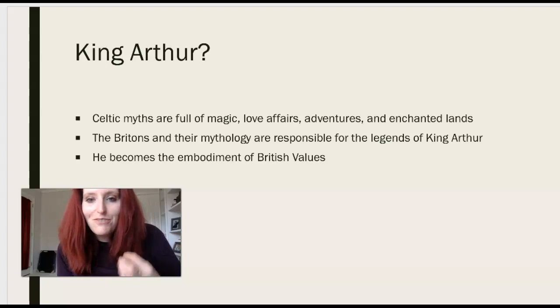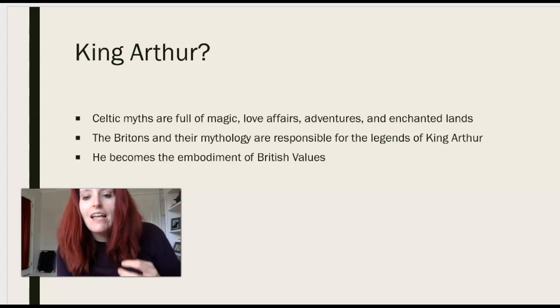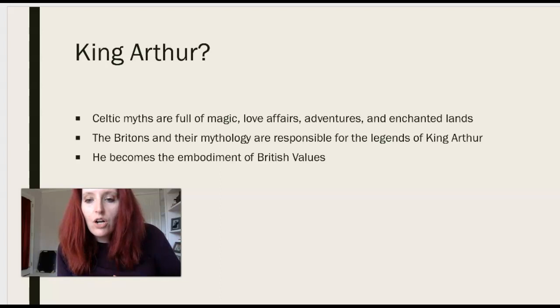They're myths that are full of magic, love affairs, adventures and enchanted lands. And the Britons and their mythology are responsible for these legends of King Arthur.